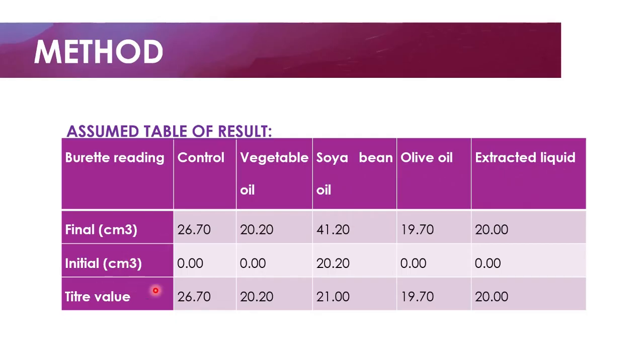From here we can see that the titer value for the control is 26.70. For the vegetable oil it is 20.20. That of the soya beans oil is 21.0. That of the olive oil is 19.7. That of the extracted lipid is 20.0.